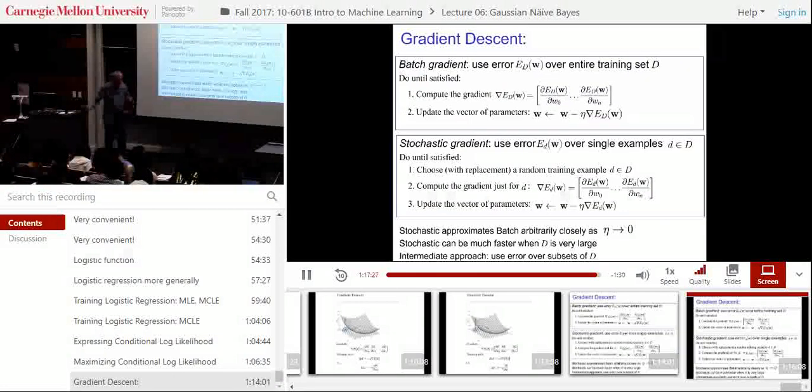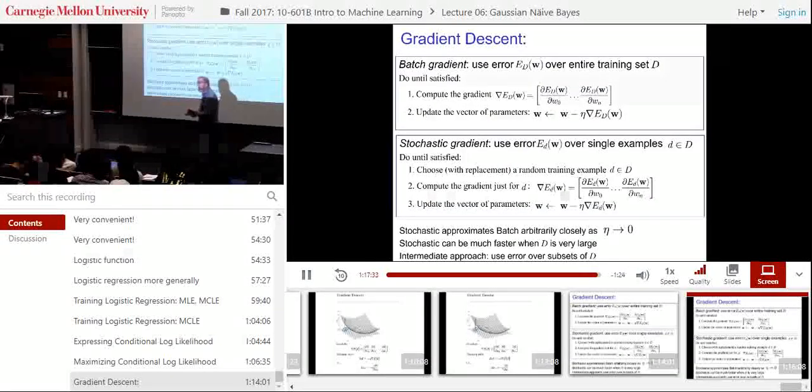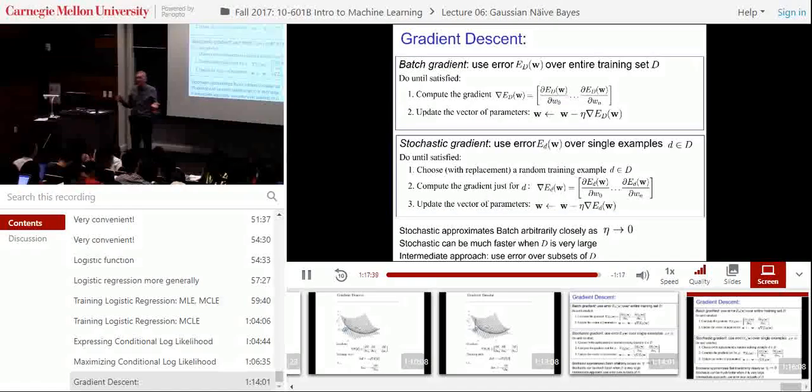Okay, so let's summarize. Let's end there. Today we saw a couple things. First, Gaussian naive Bayes. How do we deal with x sub i's that are continuous instead of discrete? Well, of course, we still have to get p of x sub i given y. It's just that now we need some probability distribution that's appropriate for continuous x sub i's, Gaussians. But then we introduced logistic regression.